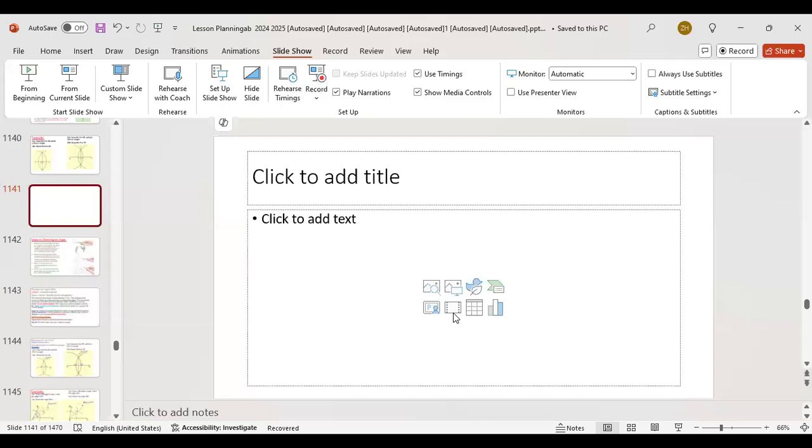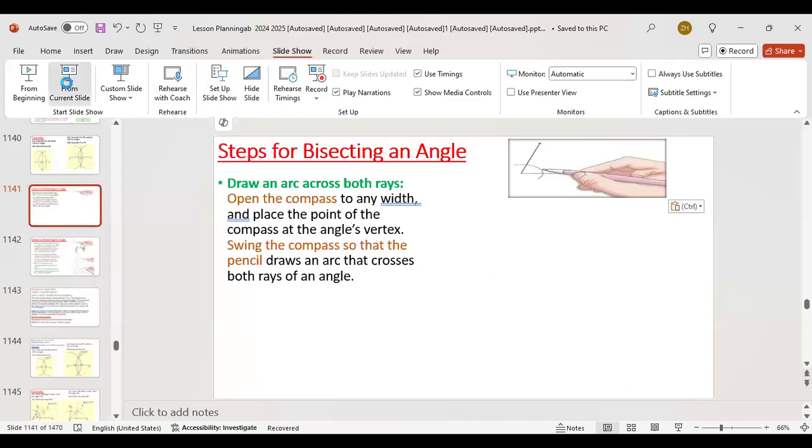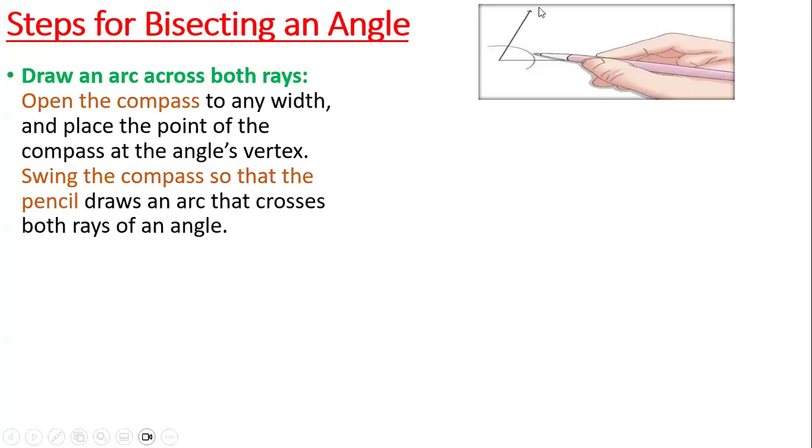Should we write the steps down? Yes, write down the steps like we always do. Basically, you already have the angle, and all you're going to do is take a compass and draw an arc.